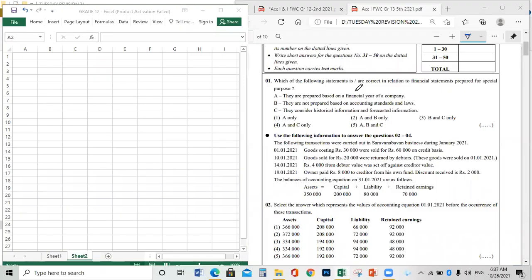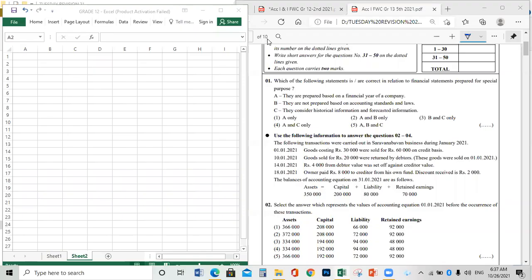Special purpose is where you are making the financial statement only to satisfy a specific need of someone. Okay, you're not preparing for everyone in common. If it is general purpose, you will prepare for everyone. You're only providing it to satisfy a specific need of a person.